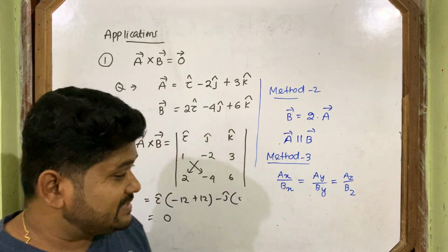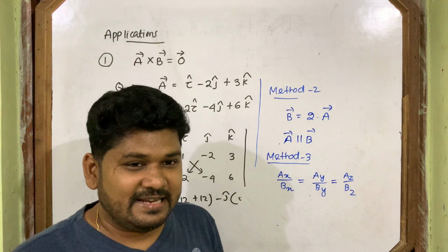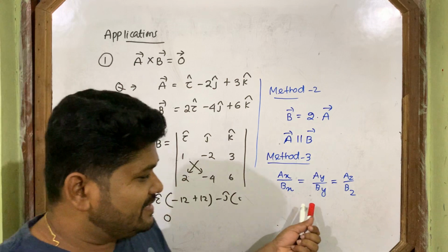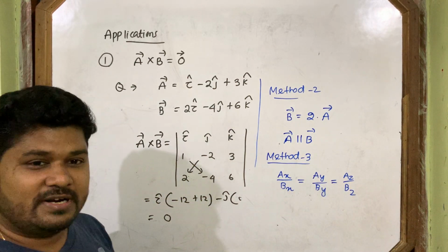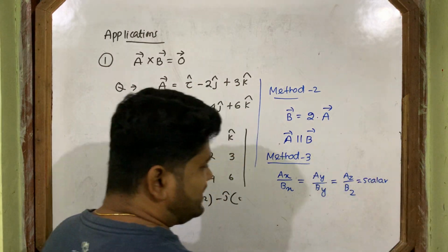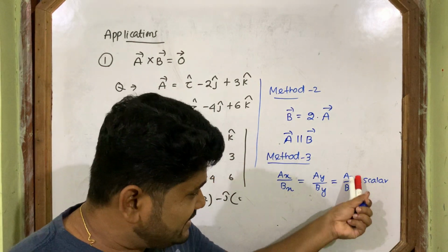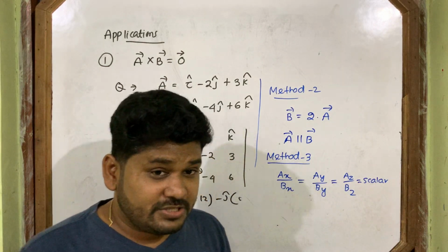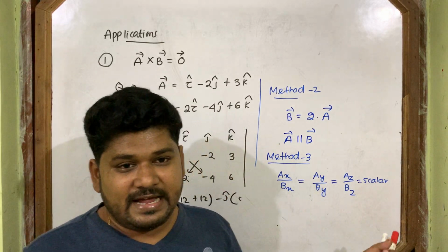If the ratios are the same, then you get the exact scalar, that is, how much scalar multiple one vector is of the other. Then you check whether that scalar is positive or negative. If it is positive, they are parallel. If it is negative, they are anti-parallel.